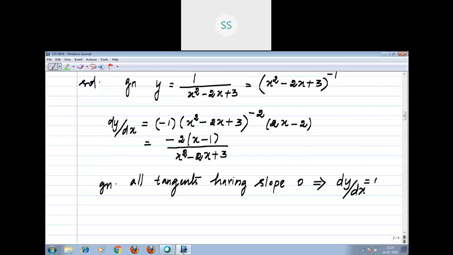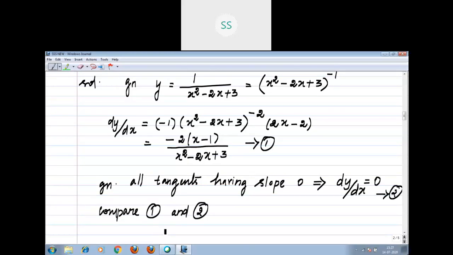So dy by dx equal to 0. It is given in your question. Now, this is your first equation. Given is your second equation. You are going to compare or equate one and two.